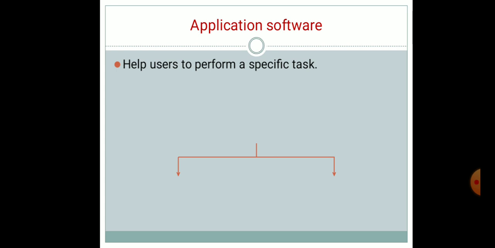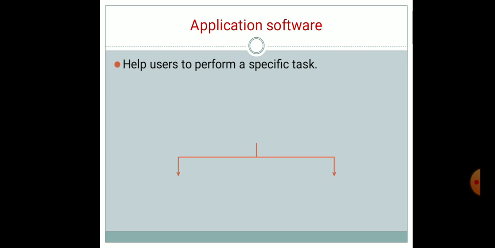For example, if we want to type a letter, for that we have to use some word processing software, isn't it? For example, we are using MS Word. In MS Word we can type a document or letter, etc., isn't it?